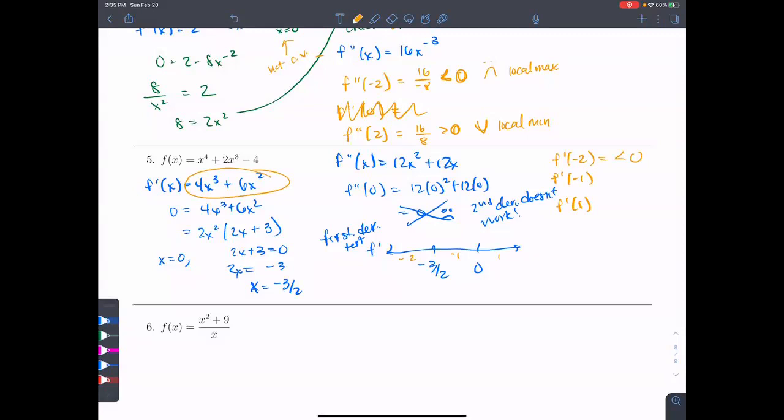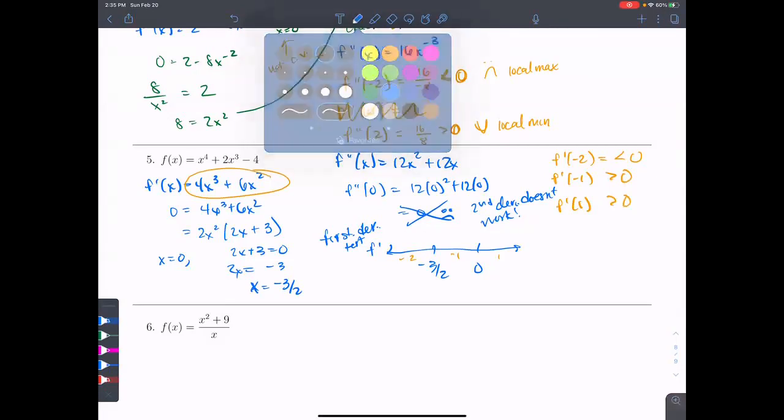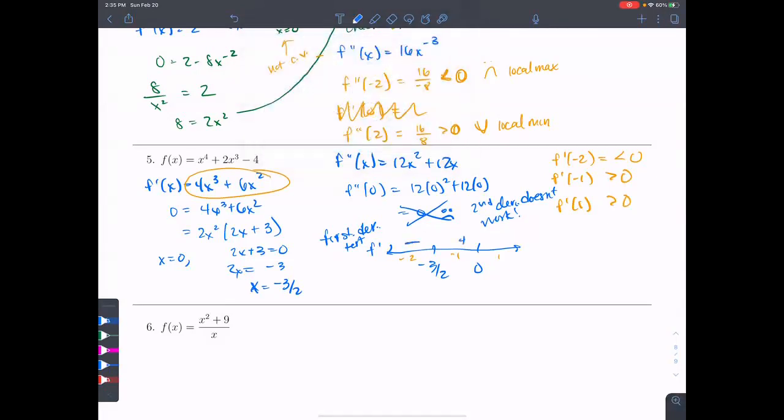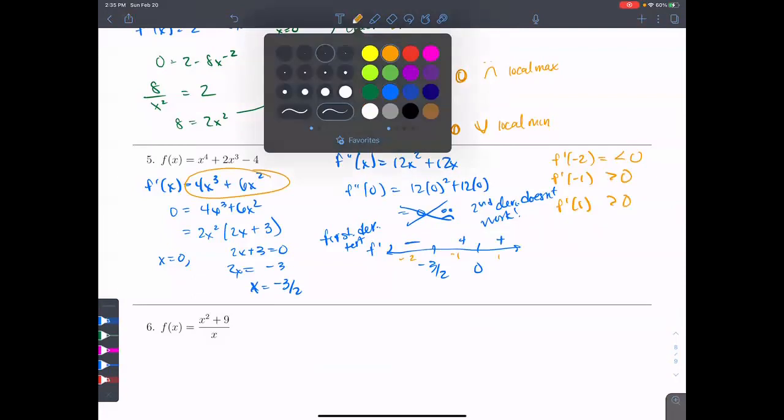Then if I plug in -1, 4 plus 6, that's positive. I plug in 1, that's positive. Okay, so we have decreasing, increasing, increasing.